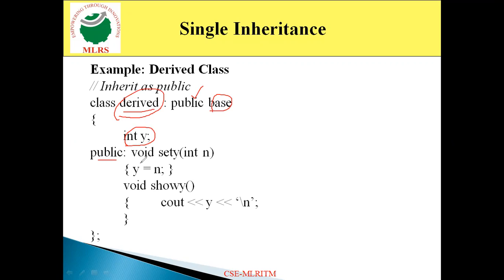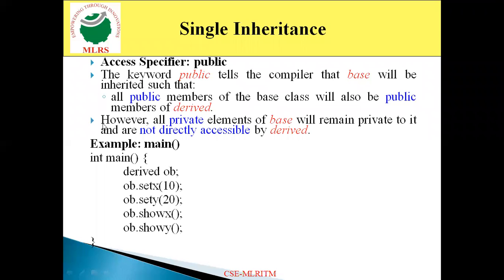In the public section, we define the member function sety with parameter n. Here, the n value will be assigned to y. Then again, we define the member function showy, which is meant to display the y value on the output screen. Then close the class.